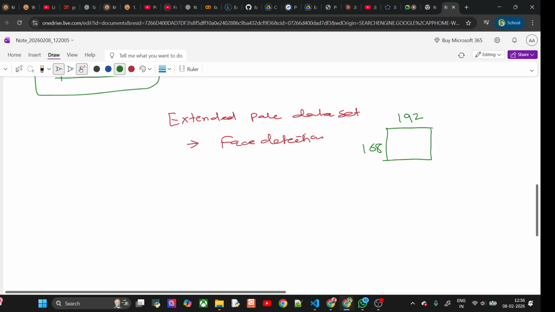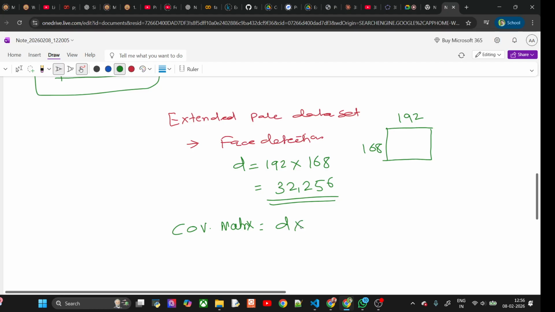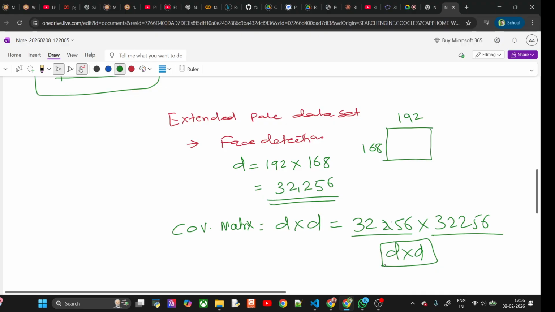So d is equal to 192 cross 168, which is 32,256. These are your dimensions. And your covariance matrix is d cross d, which is nothing but 32,256 cross 32,256. Just remember this. This is your covariance matrix in the face detection algorithm.